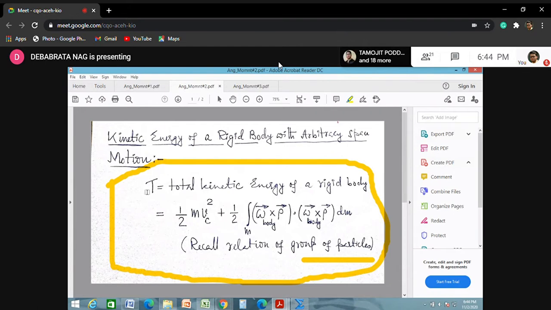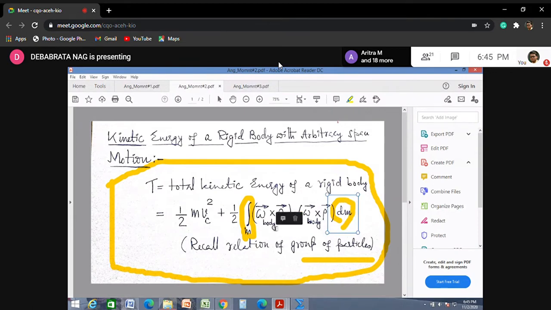So that was the situation for the group of particles. When I extend that relationship to a rigid body, the summation term is replaced by the continuous integration, and the individual mass is replaced by the differential mass dm, and this is the relative velocity of that individual mass particle with respect to the center of mass.